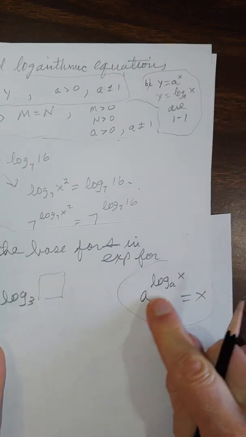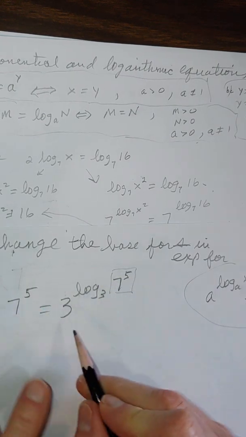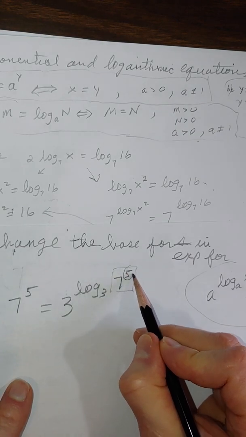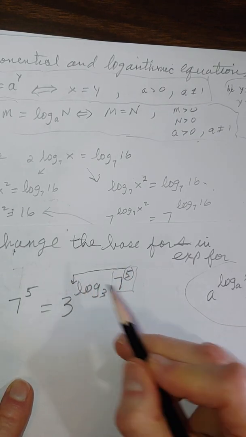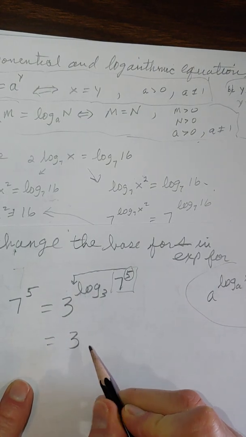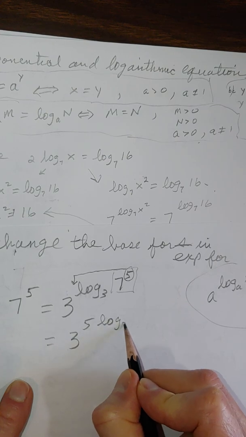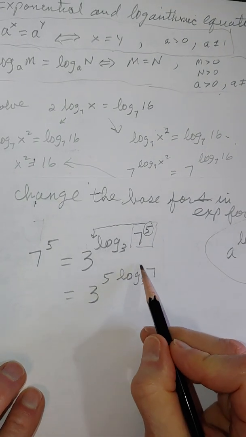So if I put 7 to the 5th there, that's the same thing as that. Then I can use the properties of logs and bring the 5 down, and write this as 3 with an exponent of 5 times log base 3 of 7. And then if I wanted to, I could punch this in.